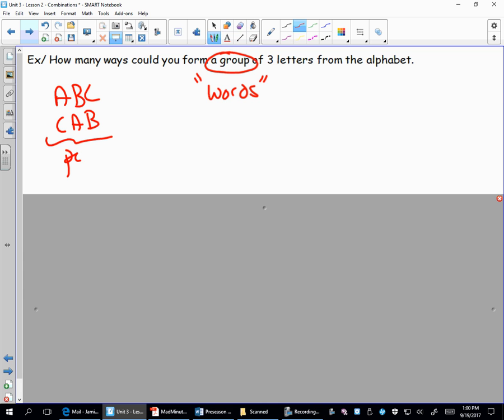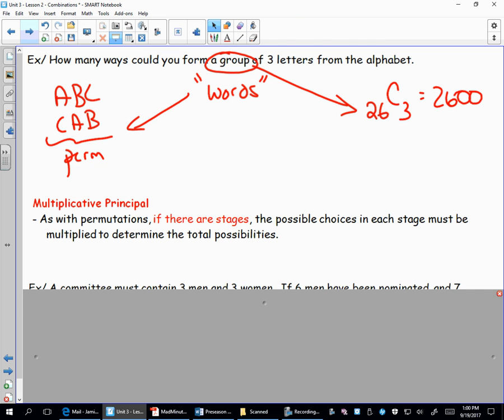Those are permutations, where I can tell words apart. Groups are combinations. I don't care about the order. I just want to know what letters are in there. So this is 26C3. You should get 2600. I'm going to try another one.